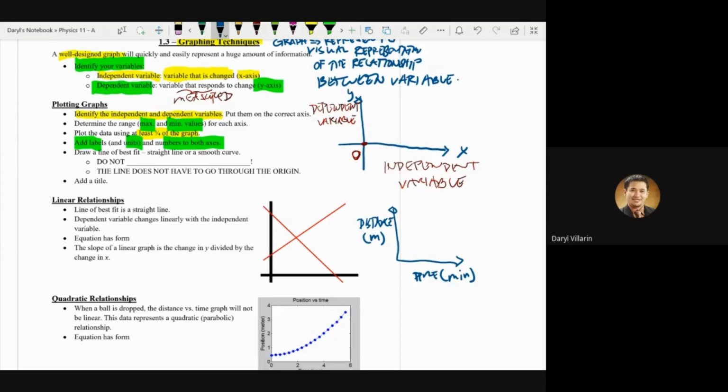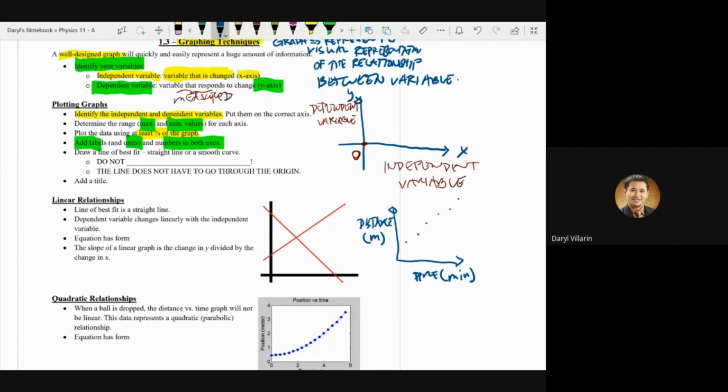Let's say I have these data points here. It's the same as plotting in your math class. Not all the data points will necessarily fit on a single straight line.